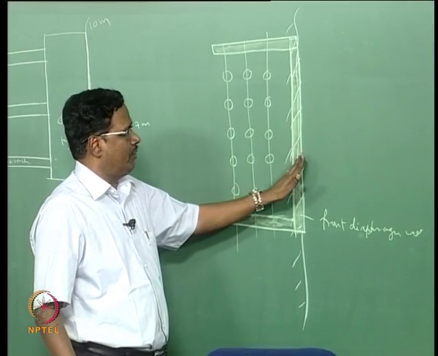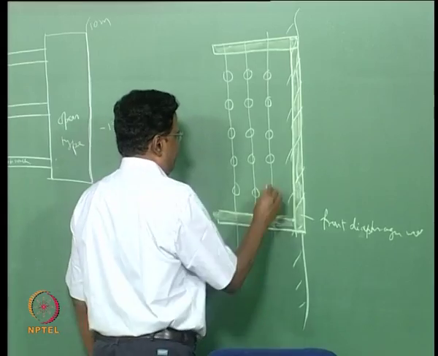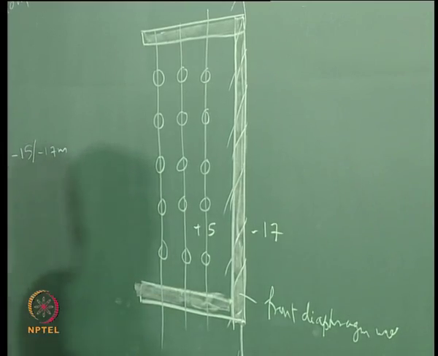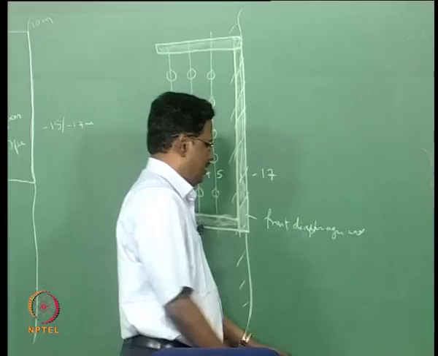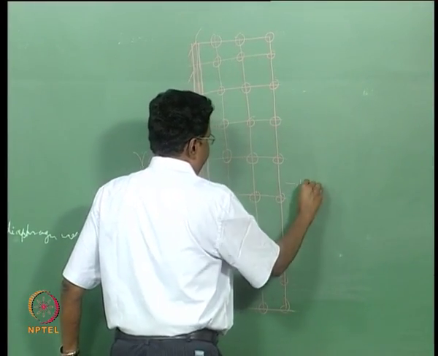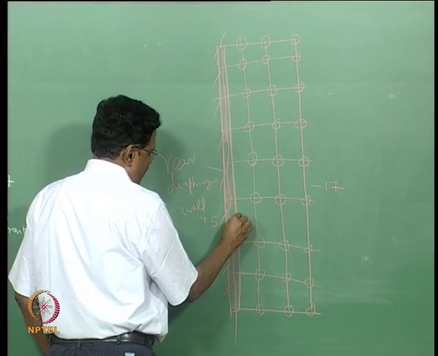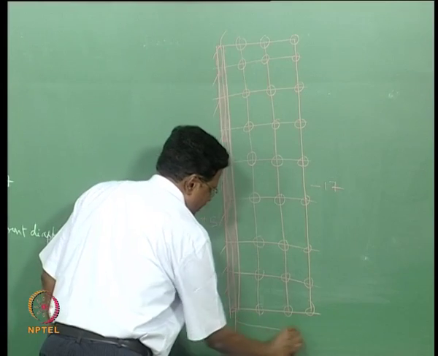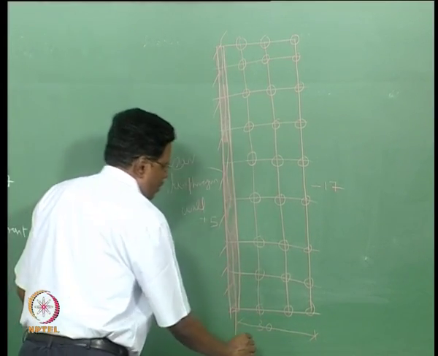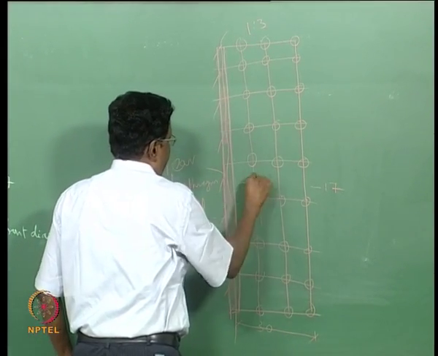So, this front diaphragm wall, the top level here will be plus 5, the edge level will be minus 17, let us say we are designing it for minus 17. Whereas in this type of structure, this level will be minus 17 and this level will be plus 5, but this bed level here, since we are coming here let us say about 30 meter or so, and assuming 1 in 3 slope, the bed level will be minus 7.